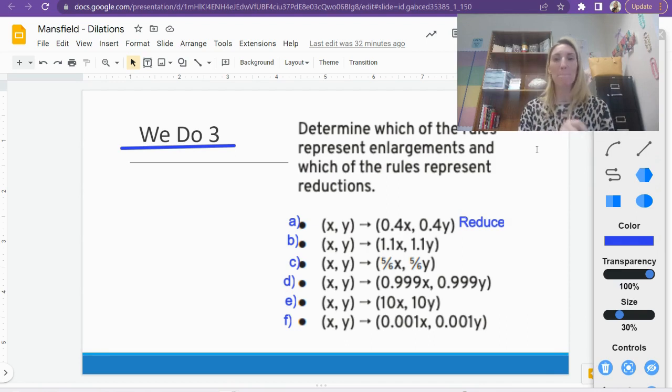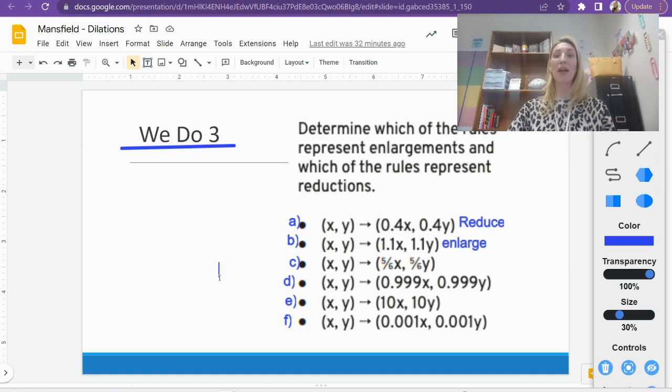Yes? Let's try B. 1.1. Is 1.1 more than 1 or less than 1? 1.1 is more than 1, right? If it's more than 1, it's growing. Growing is called enlargement or to enlarge. So please write enlarge for letter B.